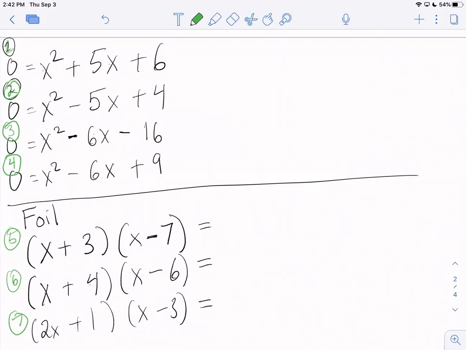So this is covered in R5. And they go through a slightly more advanced version in R5.